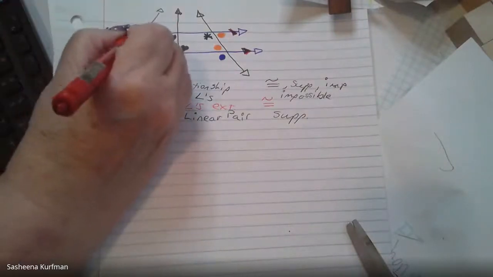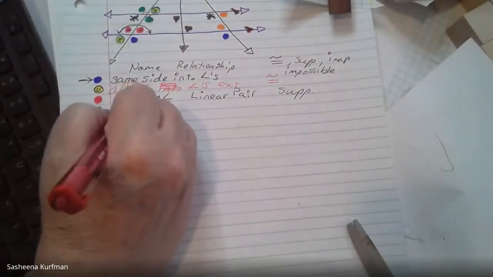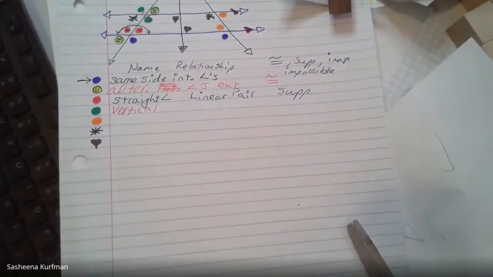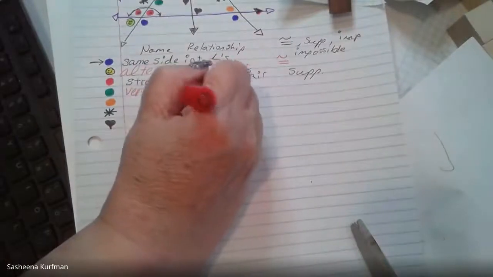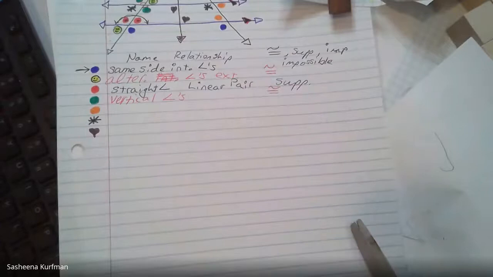But they do have a name, and the name for this set is that they are vertical angles, because X marks the spot. Anytime you have an X, angles that are across from each other are always vertical angles. And vertical angles are always congruent.